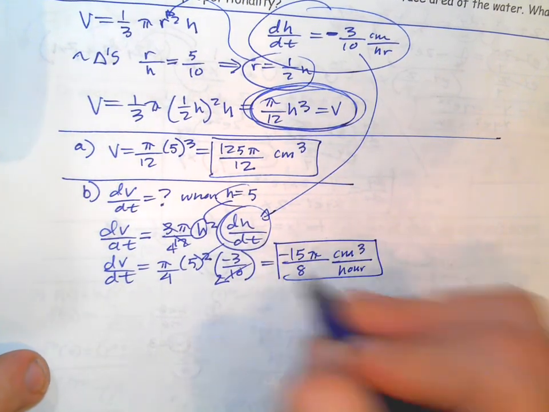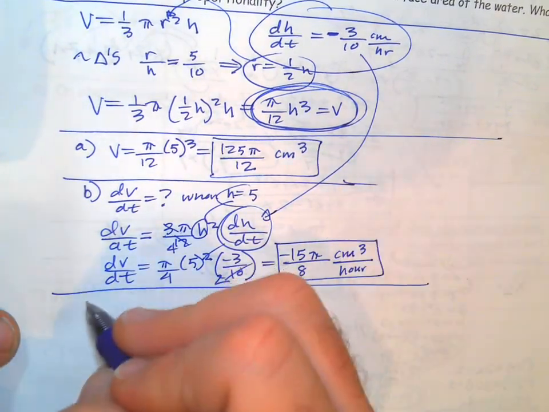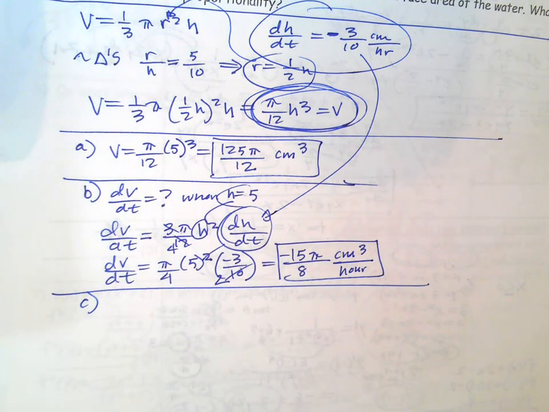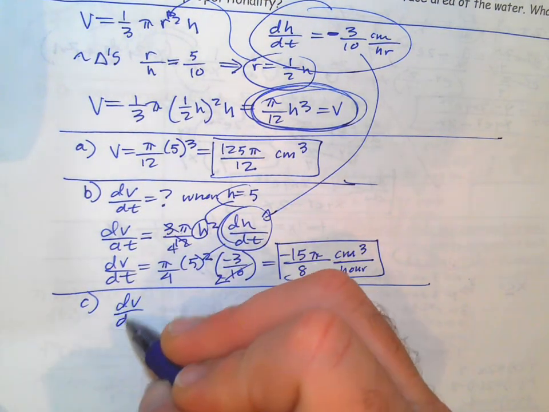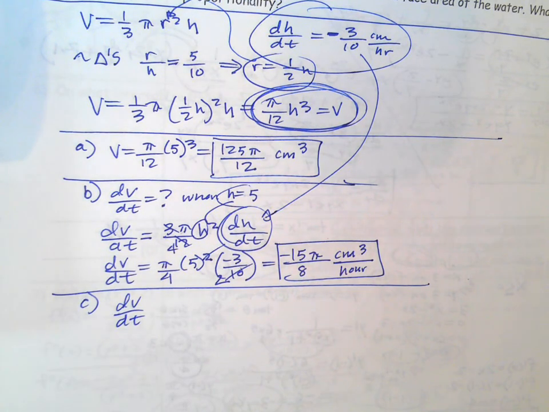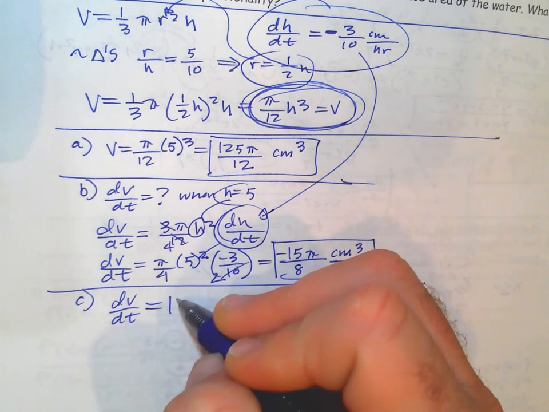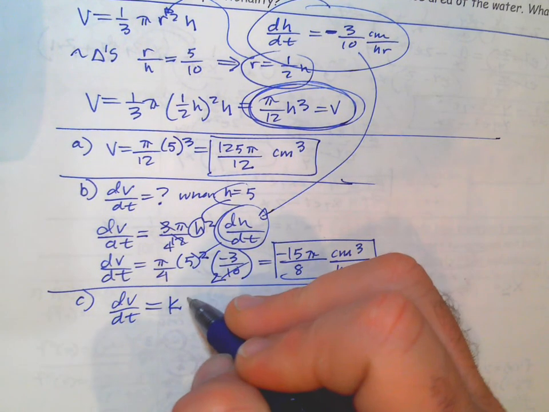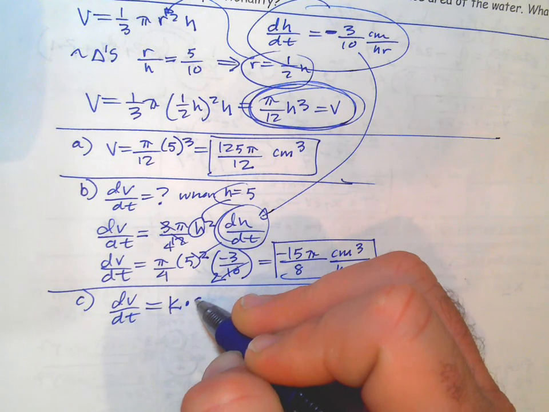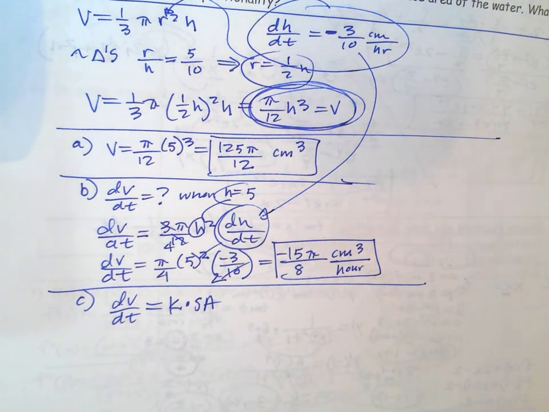So that's dV/dt. C says, show that the rate of change of the volume of the water, that'd be dV/dt, due to evaporation, is directly proportional to the exposed surface area of the water. Directly proportional is when you just multiply by some constant, and k is a common letter to use for the constant of proportionality. What is the constant of proportionality?